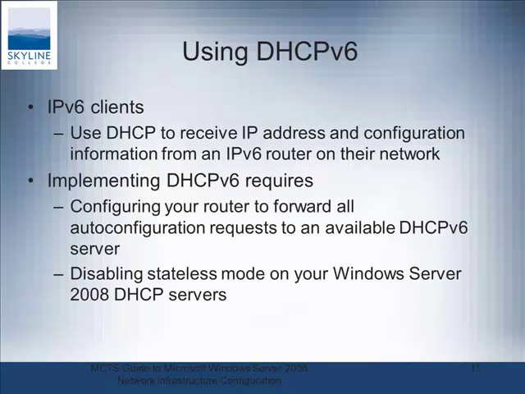Requires configuring your router to forward all auto configuration requests to an available DHCP v6 server. So we can configure this stuff on the server itself, and then again they've got a lab I think to do some of those configurations.